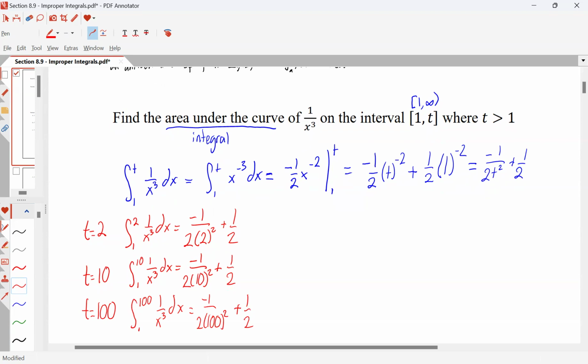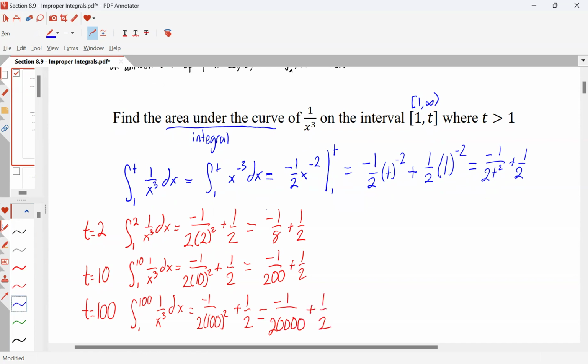Negative 1/(2 times 2 squared) would be negative 1/8. Negative 1/(2 times 10 squared) would be negative 1/200. With t equal to 100, we'd have 4 zeros, plus 1/2.